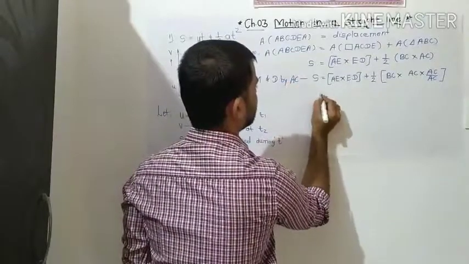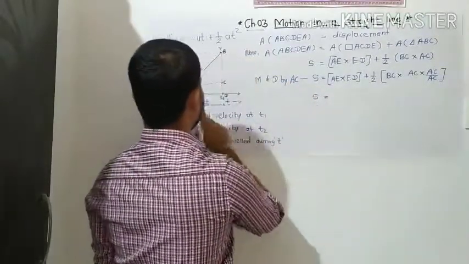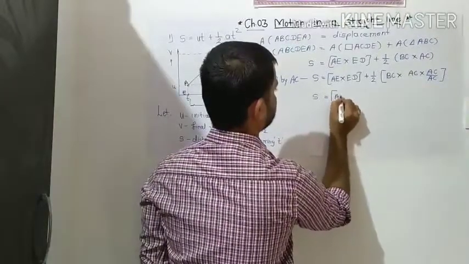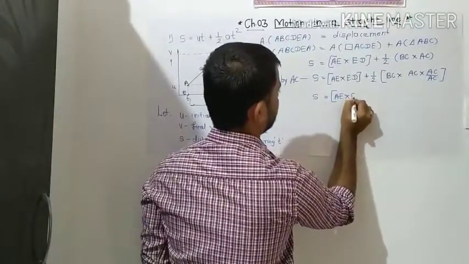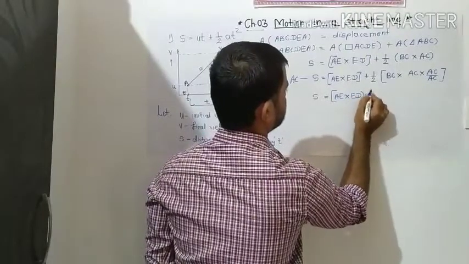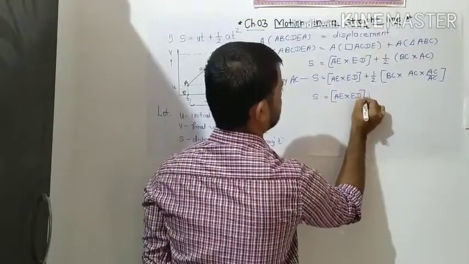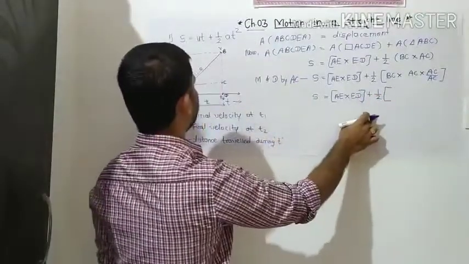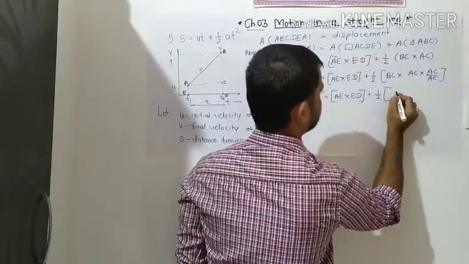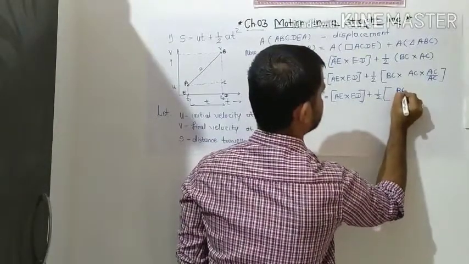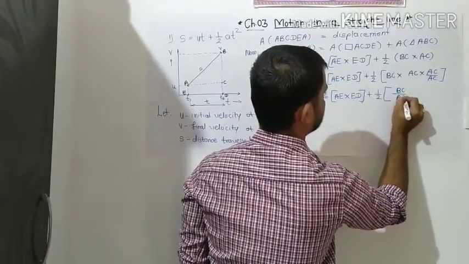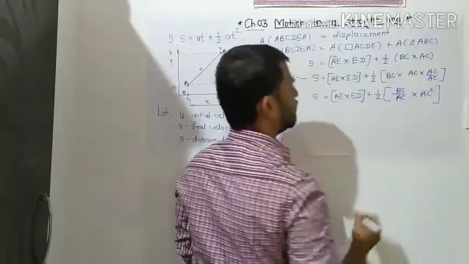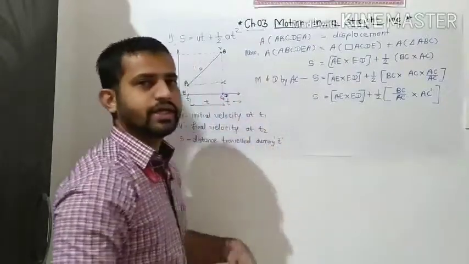So that we will get here S is equal to AE into ED, plus 1/2 BC upon AC, we will write here BC upon AC into AC square.